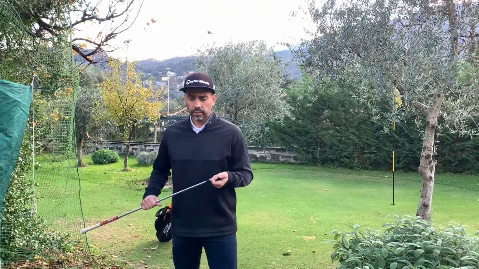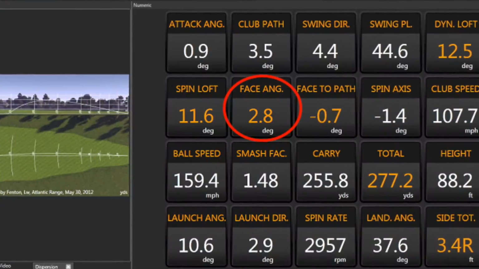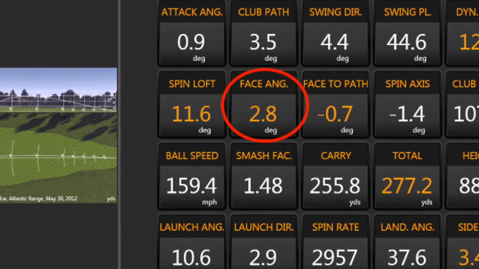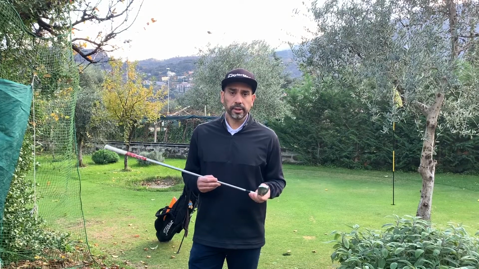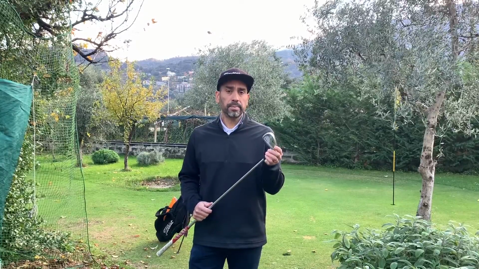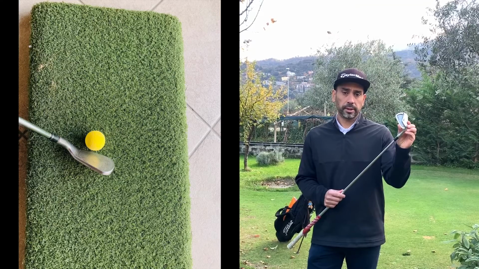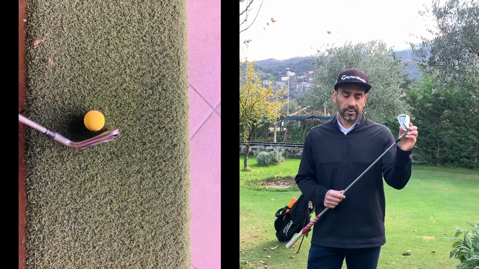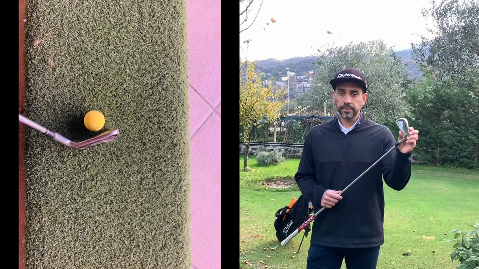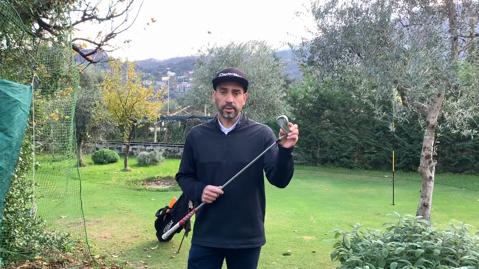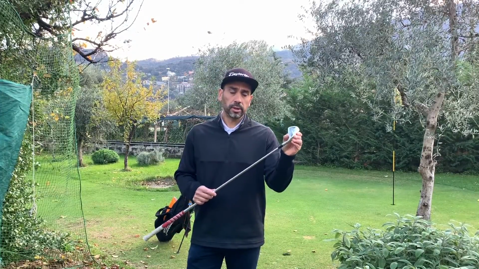Okay, so the last one that I want to talk about is face angle, and this one is quite simple actually. It sounds complicated, but all it is is how your club is at impact, whether it is open or closed, basically. If you have a positive number, it's going to be open. If you have a negative number, it's going to be closed.